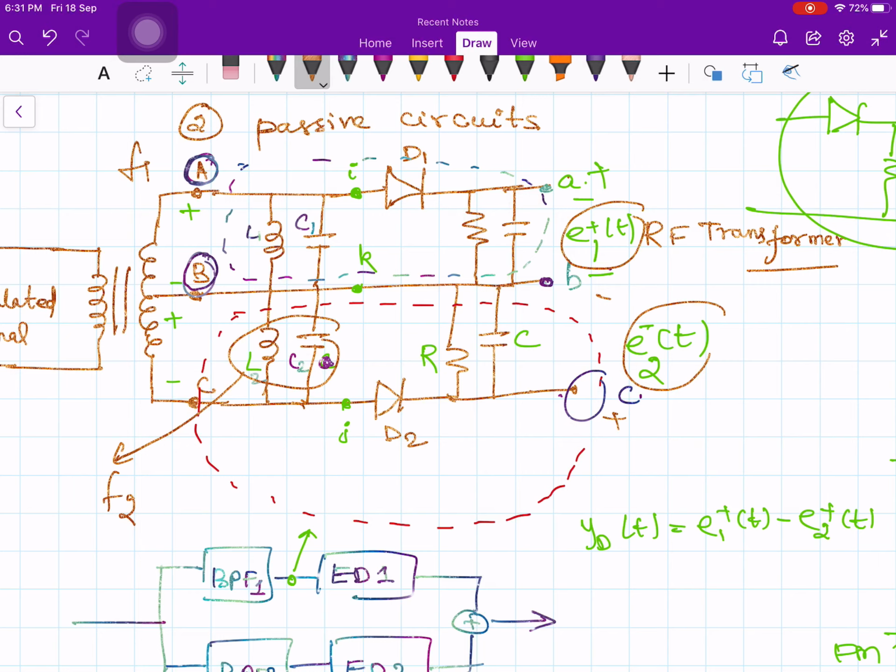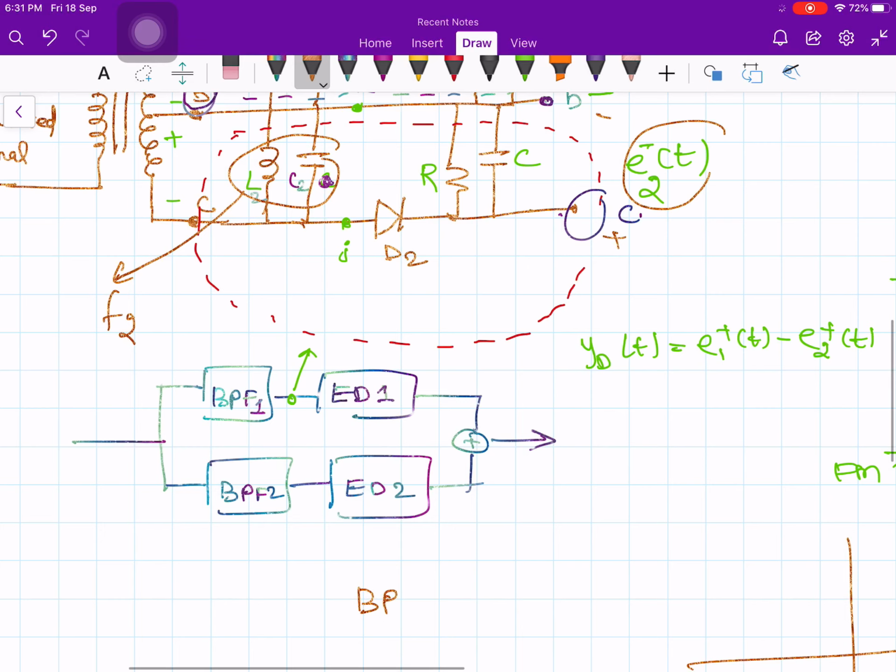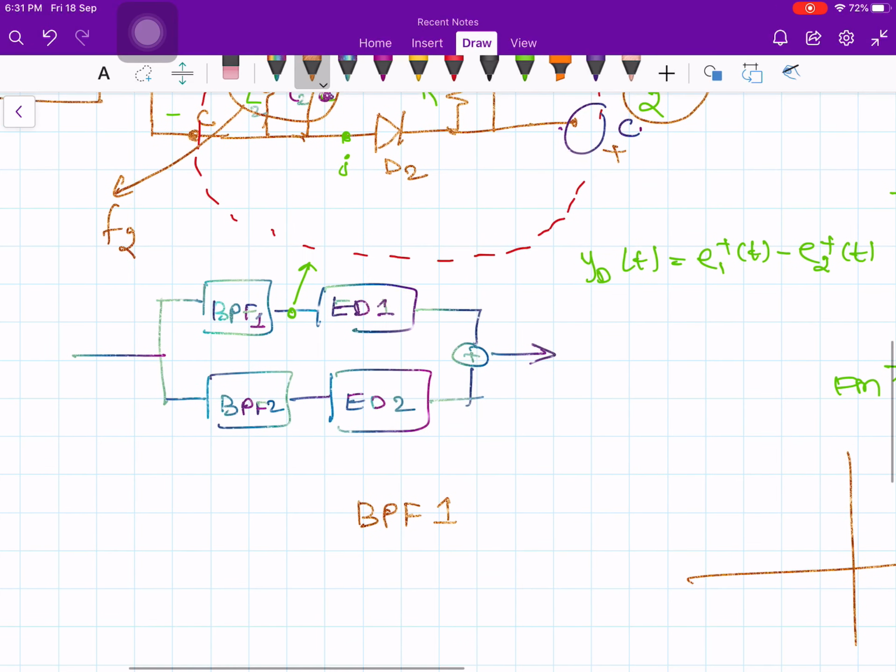Let me restate the argument: the output of your upper envelope detector is proportional to the magnitude of the band pass filter. Let's say band pass filter 1 has response H1 of f.